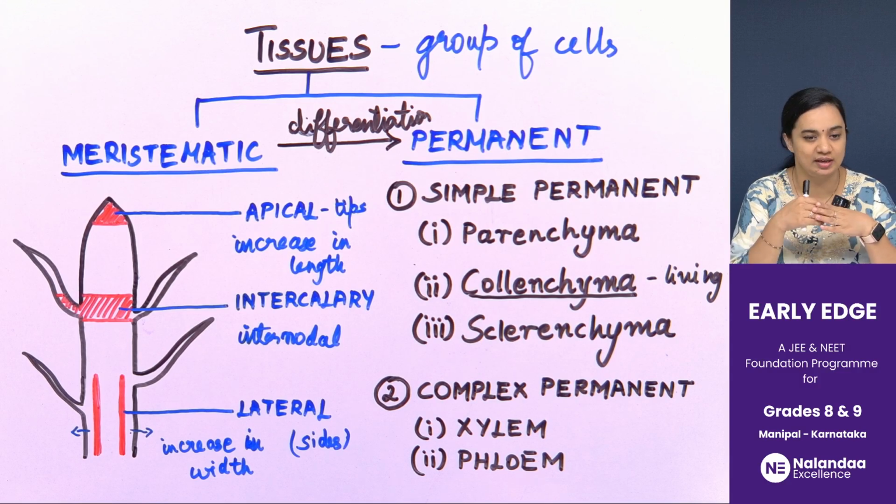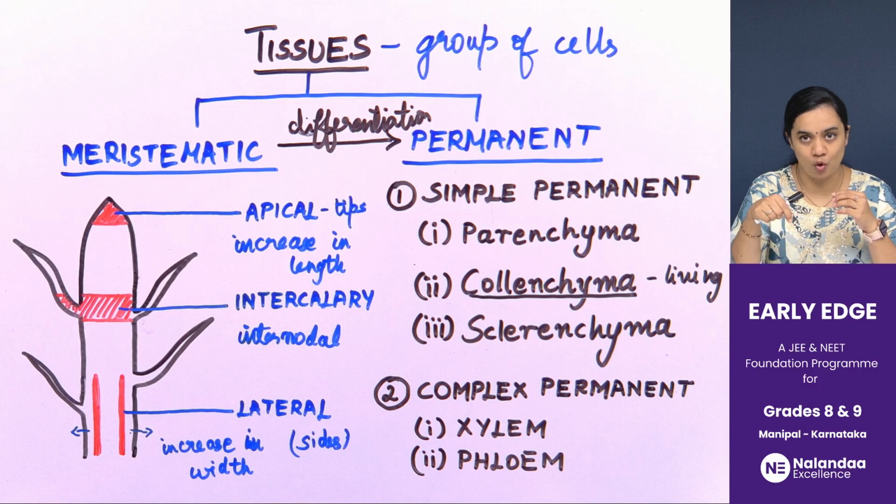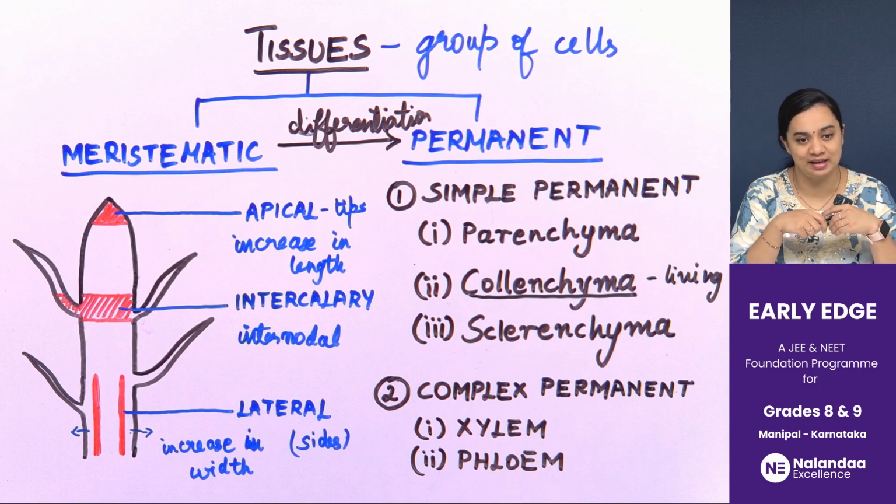In plants, you've seen climbers that will climb, or tendrils where they will wrap around a particular support to grow further, right? So such parts will have collenchyma in them. That is possible because of the presence of collenchyma cells.